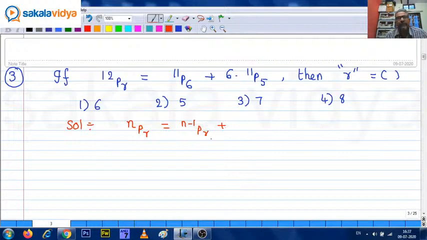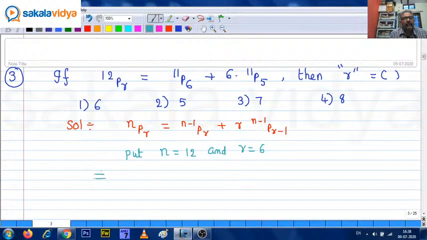Including a particular object means that object can be placed in r ways. Now the remaining elements are n-1 and places are r-1, that is n-1 Pr-1. Here, very interesting, put n equal to 12 and R value is 6 on both sides.